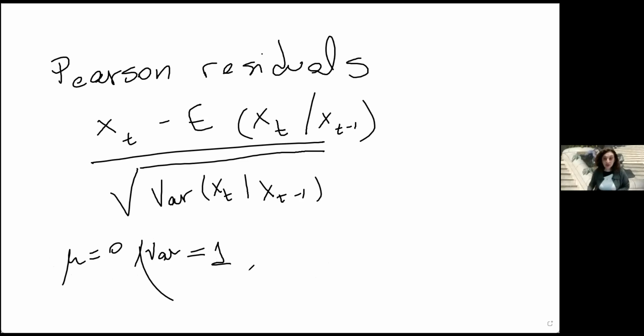And the other picture we have in the slides corresponds to what's called the probability integer transform.